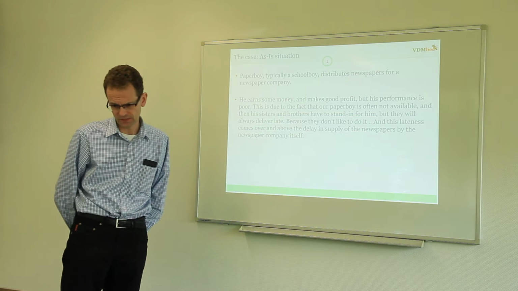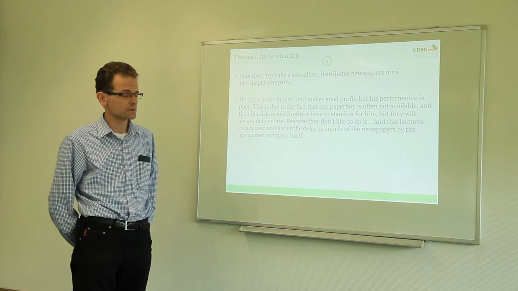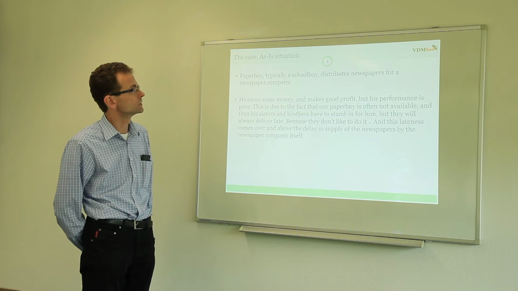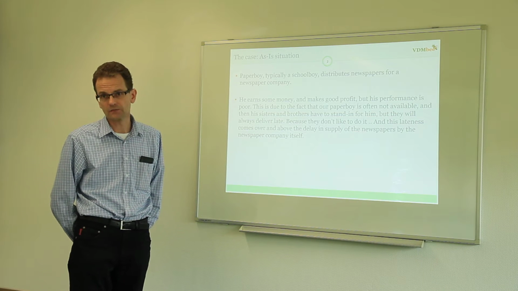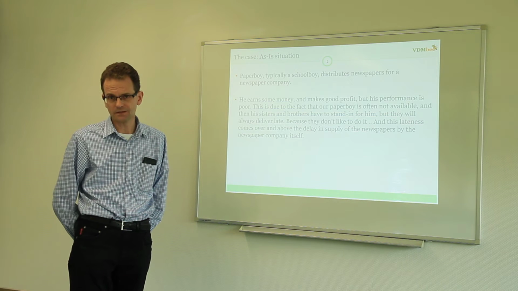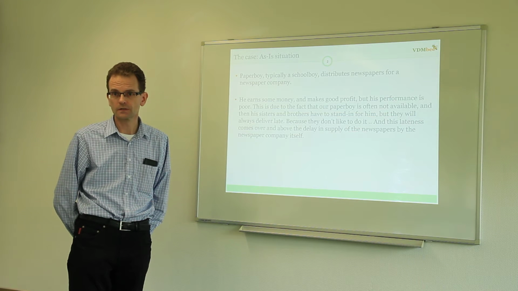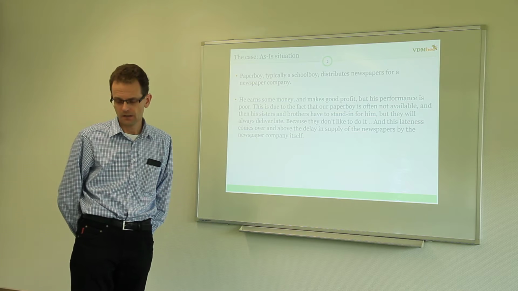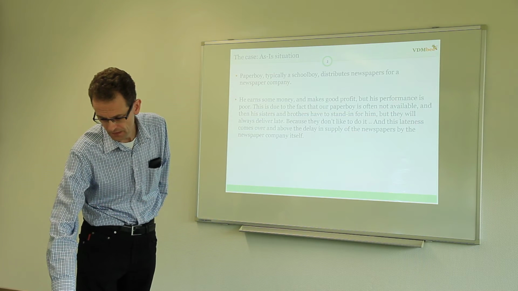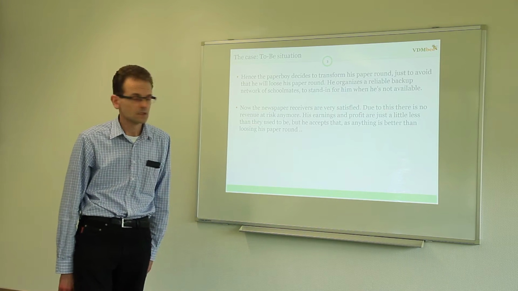So the end result of this is very bad performance, and the receivers of the newspaper are dissatisfied with him, and he knows that, and he knows that there is a risk for him to lose his newspaper route. So he thinks by himself, what can I do to improve my business?